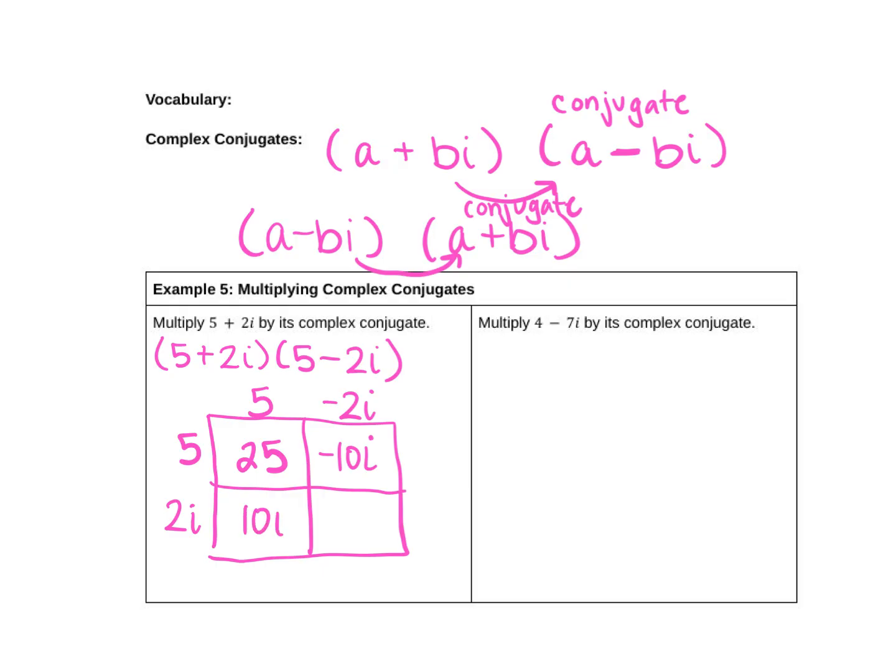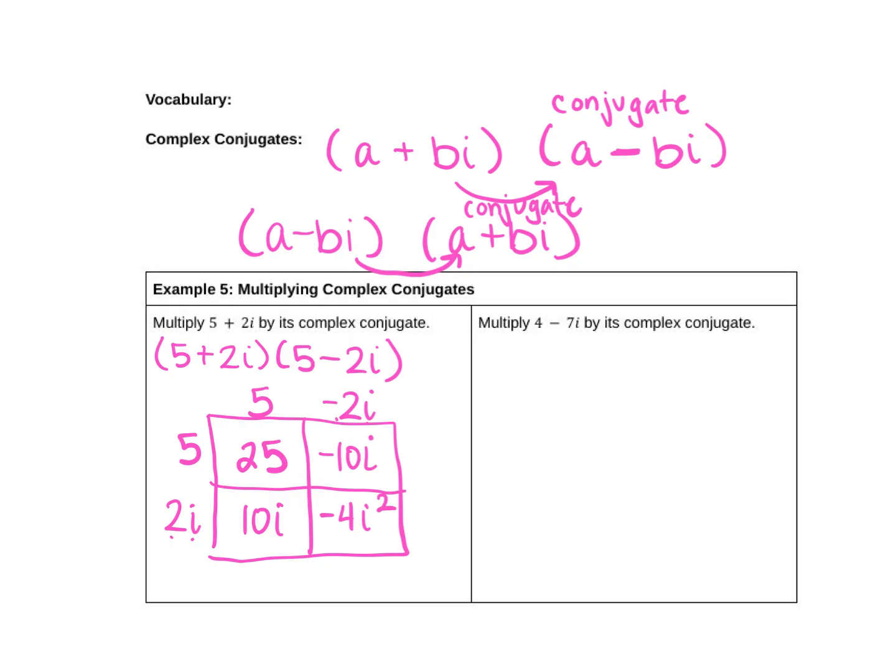Good job. And then 2i times negative 2i, Sonny. What's 2 times negative 2? Multiply. 2 times 2? 4. 4i squared. Yep, that's right. And it'd be a negative 4i squared. Very good.